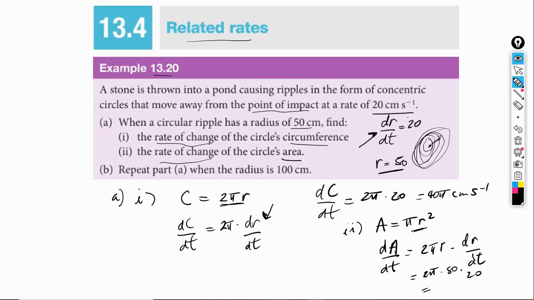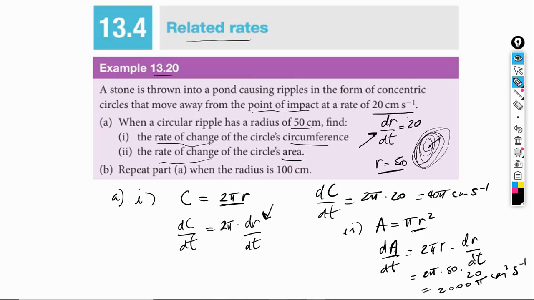So this is going to give us 4,000. No, not 4,000. 2,000 pi. And because we're talking about area, 2,000 pi centimeters squared per second.